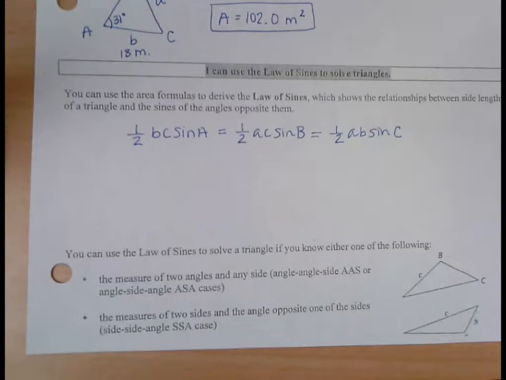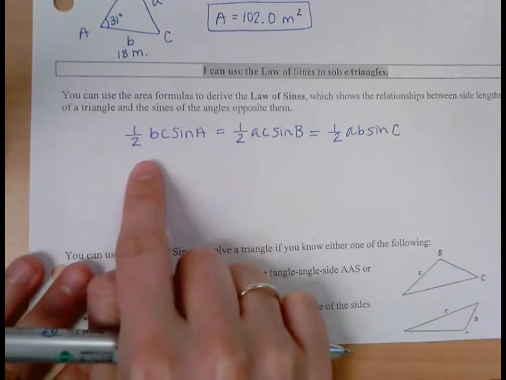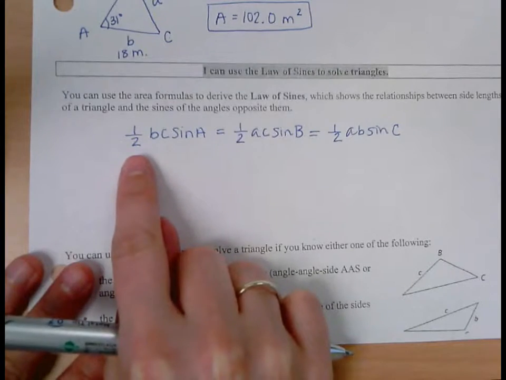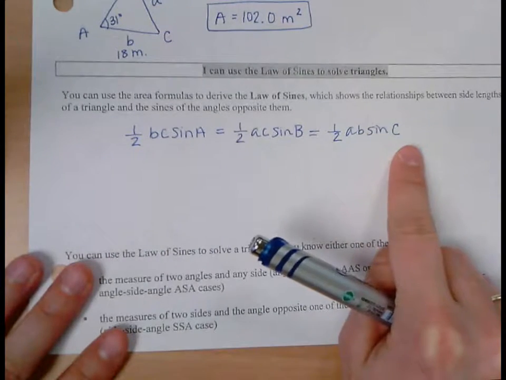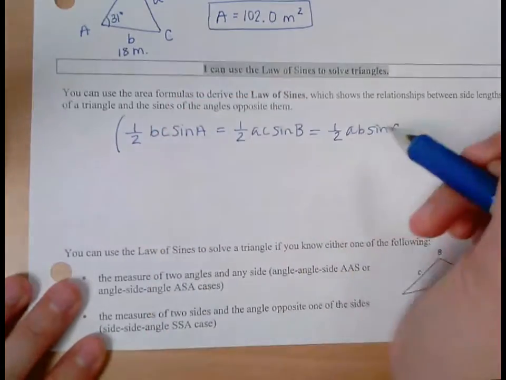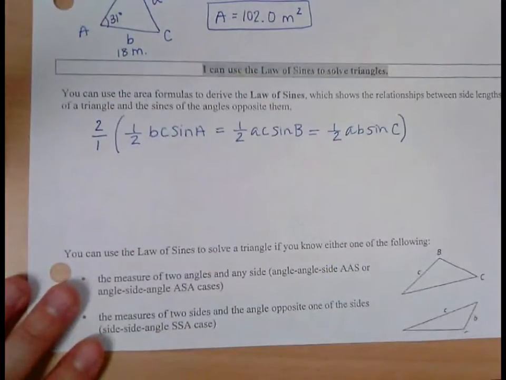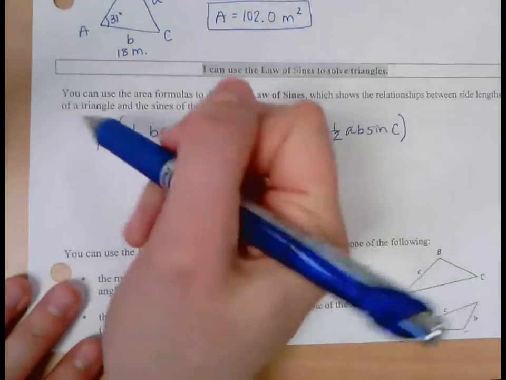And then since this really is representing multiple equations, three quantities equal to one another, I can get rid of the 1/2 by multiplying all three of those by the reciprocal 2/1, or you can think of it as dividing all three of them by 1/2.